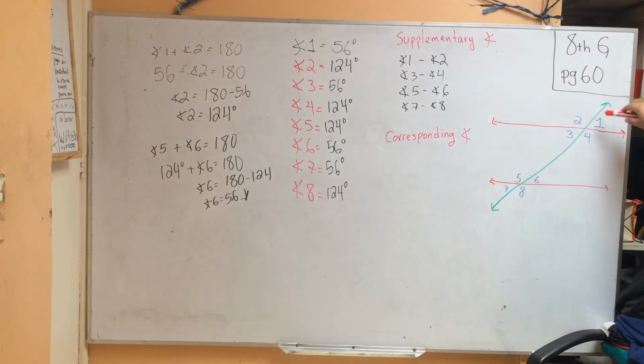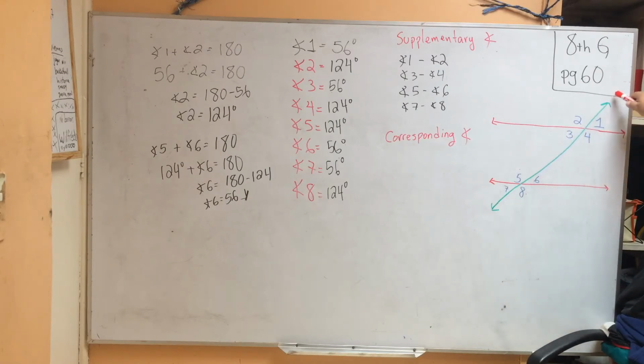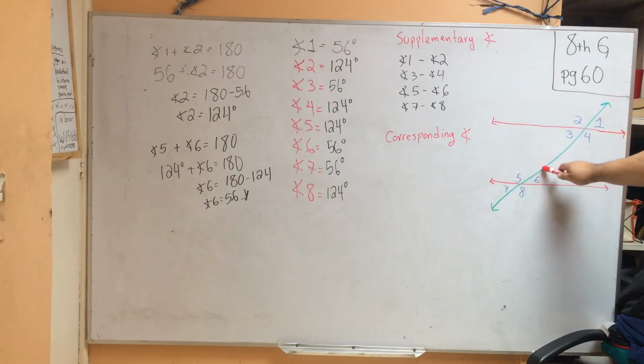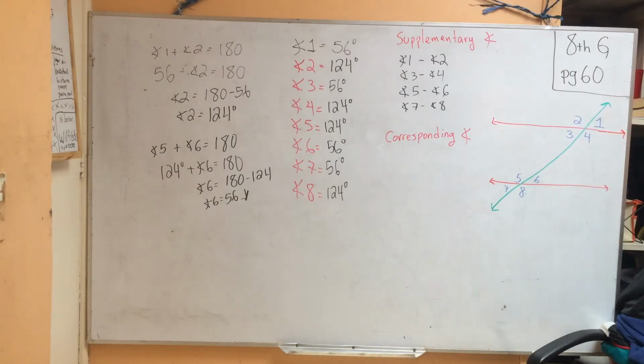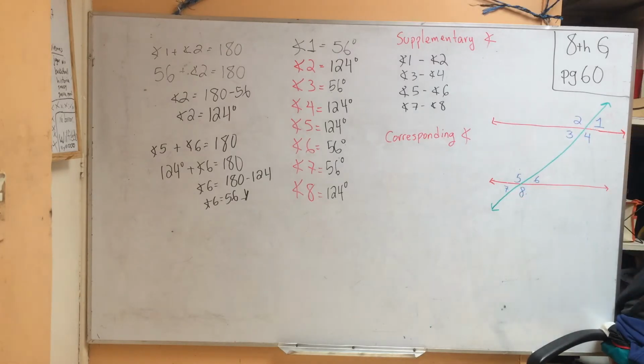So if you notice, this measurement is done here as well. Why? Because when the transversal line comes here, this angle is going to be similar and congruent with this one. Number 5 is also going to be with number 2. Number 3 is going to be with number 7. And number 4 is going to be with number 8, because it's the same angle formed on both of the parallel lines cut by the transversal line, which is the green line.